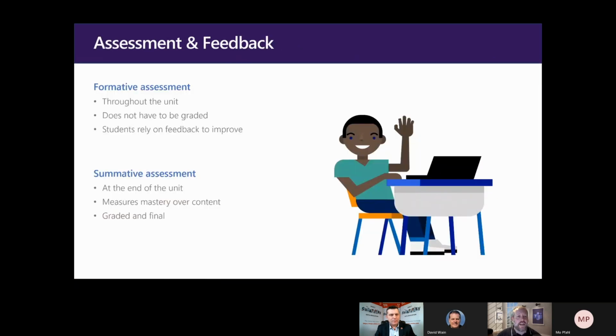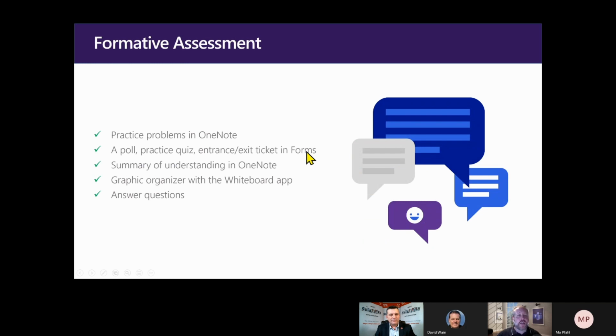And then finally, the assessment and feedback. We want to check that students are on the right path, that they are learning, that they are collaborating, that they are developing the skills. So we've got ways within Teams to assess with formative assessment as well as summative assessment. And we actually have an inbuilt assignments section within Teams.